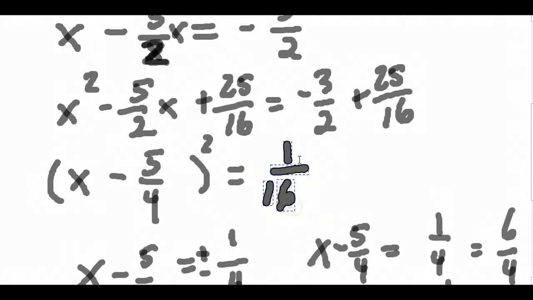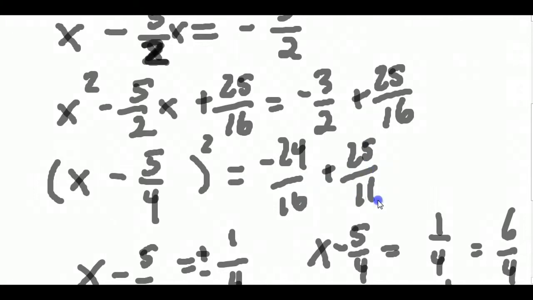We multiply the numerator and the denominator by 8 to get our denominator to be 16. So you have negative 24/16 plus 25/16. Negative 24 plus 25 is 1, and your denominator stays the same. So that's how you end up with 1/16.